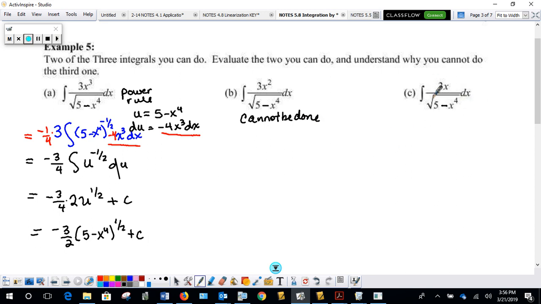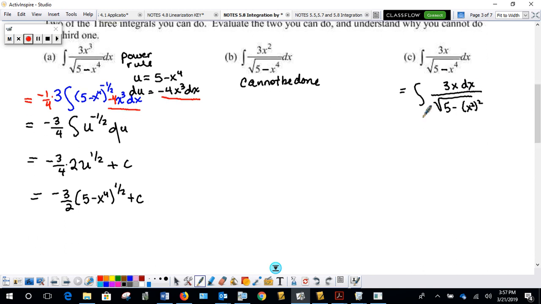Now let's take a look at this one and be like, well, why is this one any different? Okay, so if we take a look at this one, you may initially think that this one you can't do either. But here's what you want to look at. If I rewrite this as square root of 5 minus x squared squared, and then I have this 3x, and then we'll put the dx up here.